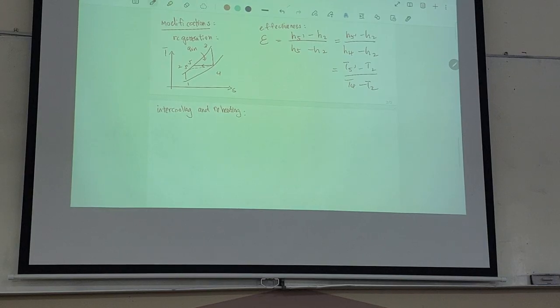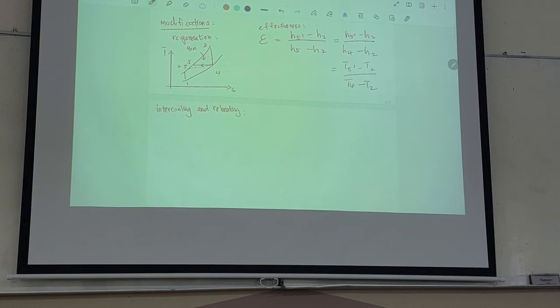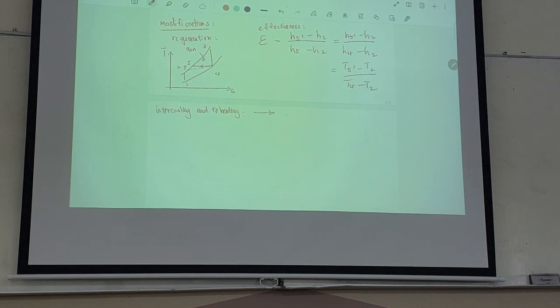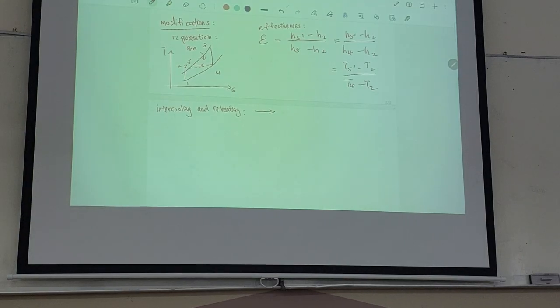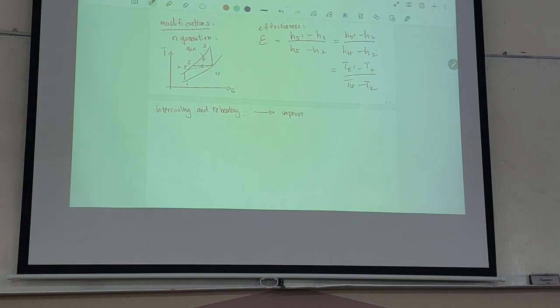So for intercooling and reheating, maybe we split into two parts. So basically, regeneration is to improve efficiency. Intercooling and reheating is actually to improve back work ratio.